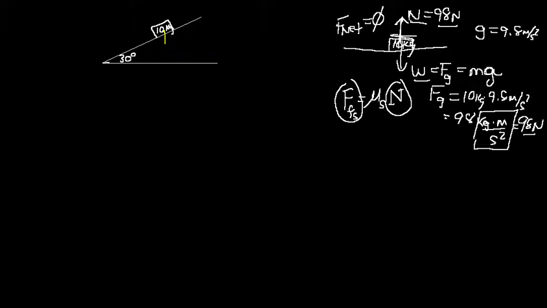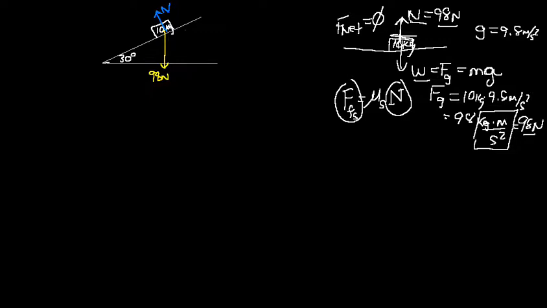So you're going to have weight downward. This is our weight, and let's say this is 98 newtons down. That's the force of gravity. Then I think last time we had in blue the normal force, and this is normal or perpendicular to the plane that the object's resting on.